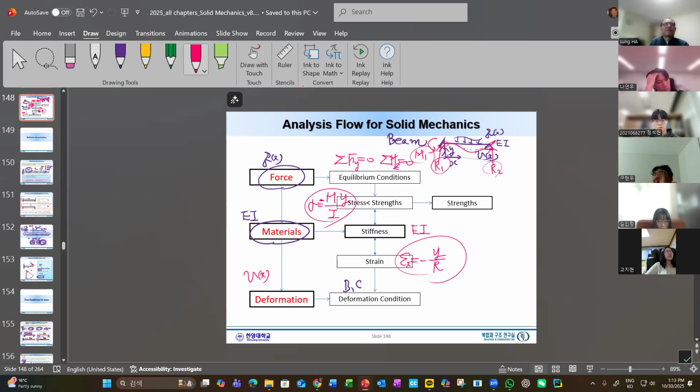It's important. And once we have the stresses, this stress should be less than the strength. Strength means that we have a yield strength. This material will have a yield strength, and the stress has to be less than the yield strength.